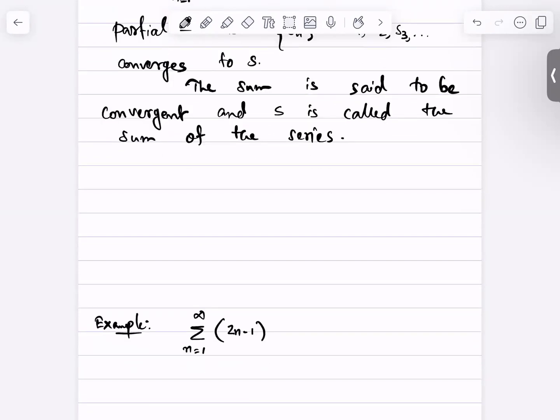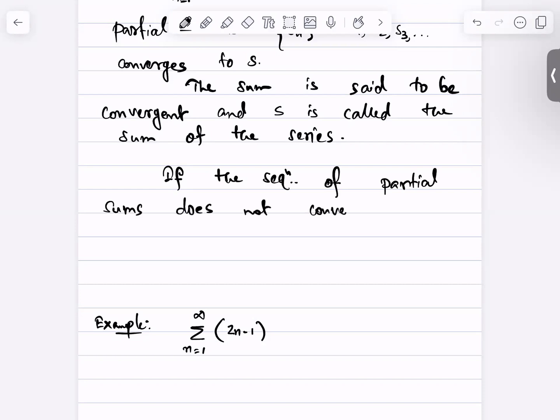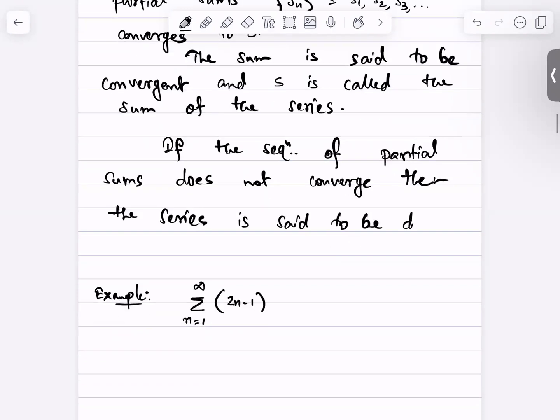And if the sequence of partial sums does not converge, then the series is said to be divergent.